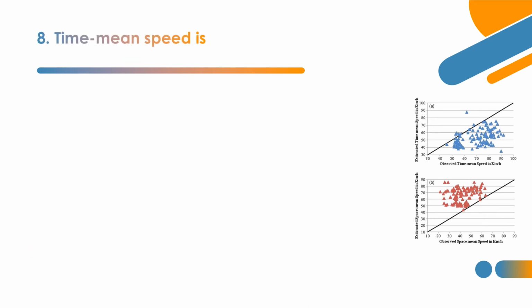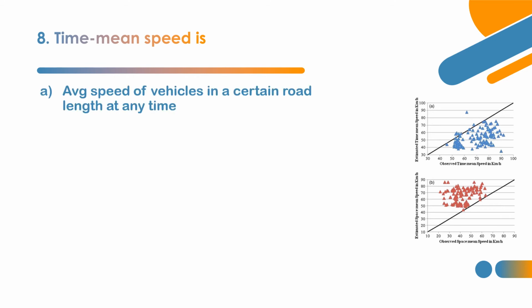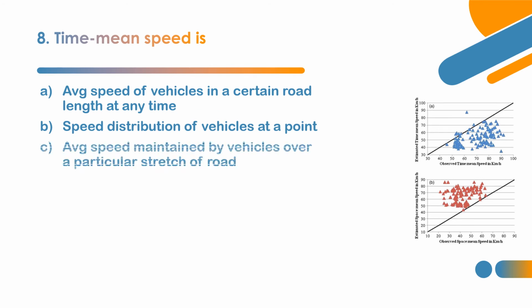This question is based on various types of speed, and it is asked for time mean speed. So what is time mean speed? Option A, average speed of vehicles in a certain road length at any time. Option B, speed distribution of vehicles at a point. Option C, average speed maintained by vehicles over a particular stretch of road.